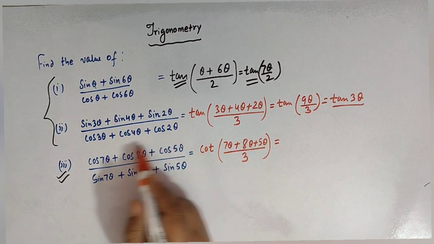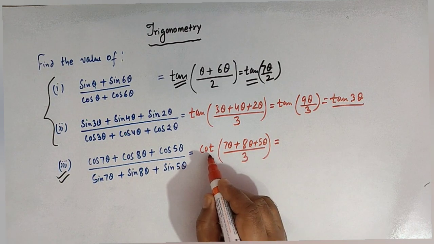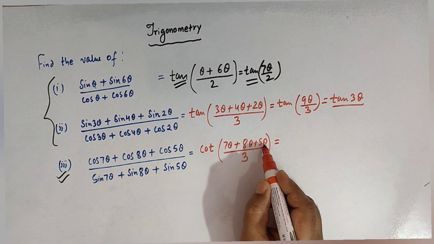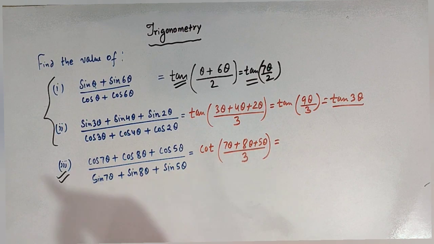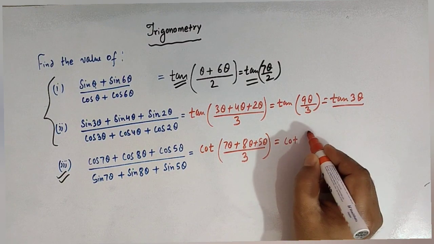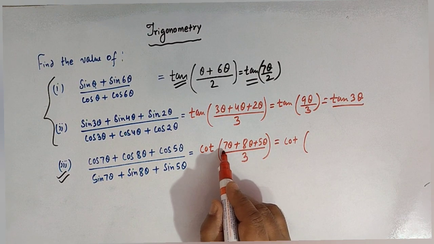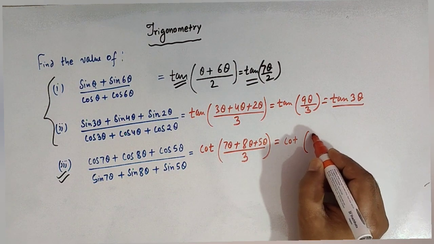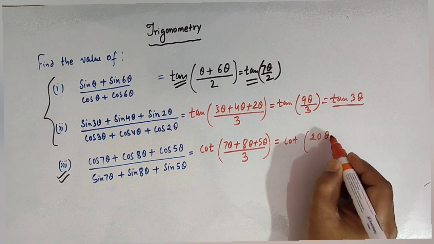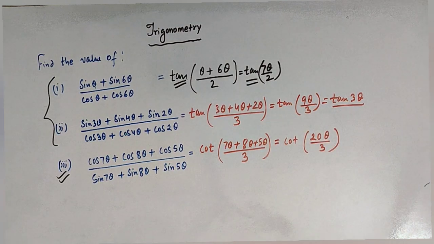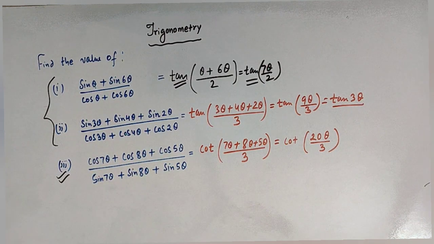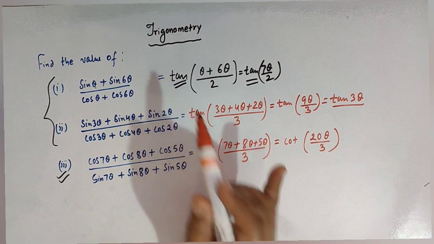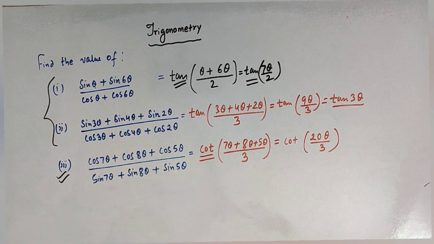Since we have three angles, we divide this sum by 3. So we have cot of, 8 plus 7 is 15, 15 plus 5 is 20, so we have 20 theta over 3, right? So this is how we can write the direct value of these types of expressions in terms of the tangent function and the cot function, right?